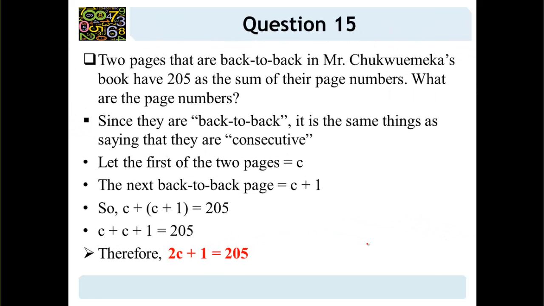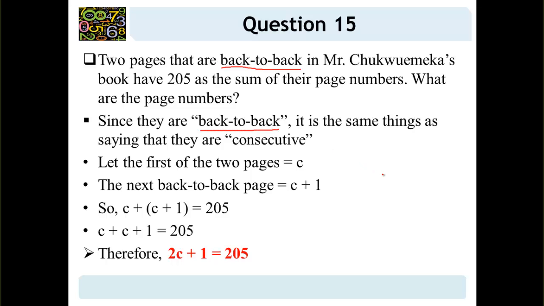Question 15. Two pages that are back to back in Mr. Chukwuemeka's book have 205 as the sum of their page numbers. What are the page numbers? Why I wrote this question is because of the word back to back. I didn't mention it in the beginning slides. Back to back means consecutive.